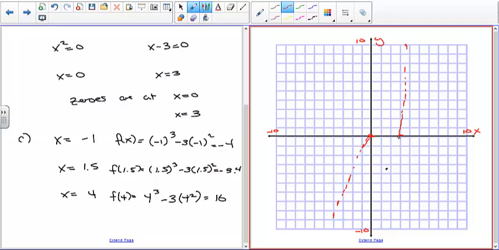So this thing's going to come down, go through here, loop back up, go to there, and then erase this thing. And you've got negative 4. So negative 1, negative 4 goes right there. So that goes through here, and then it's going to go down probably pretty quickly, just based on what happened on the other side.